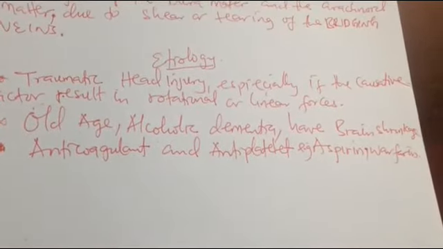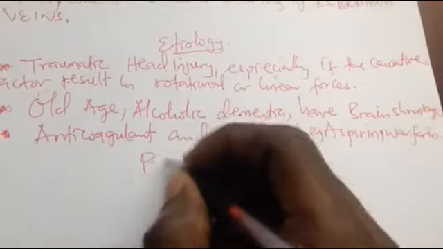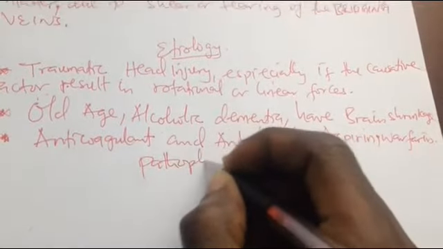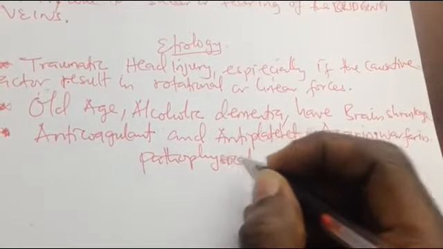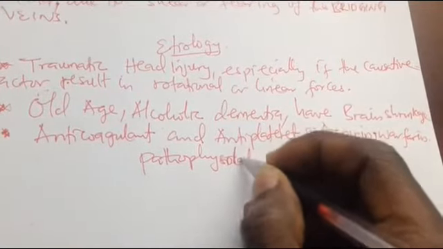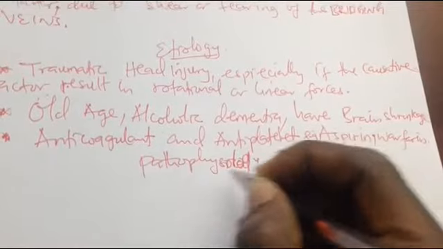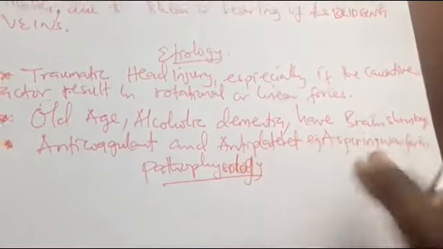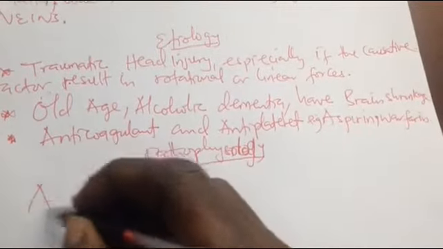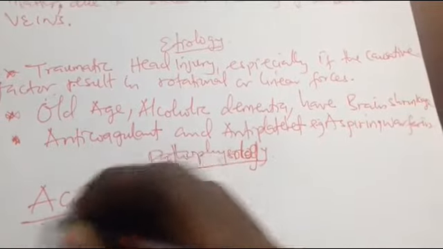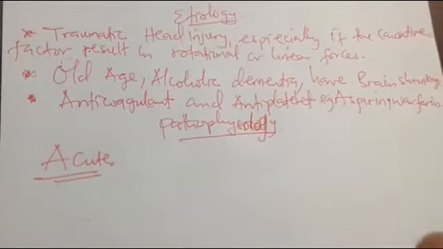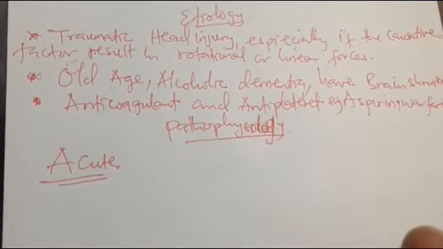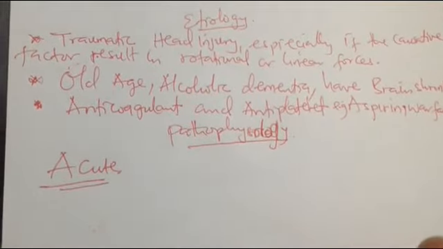Now let us see the pathophysiology, because we have acute and chronic. In acute, what really happens is that subdural hematomas grow continually larger within a short period of time, within hours.